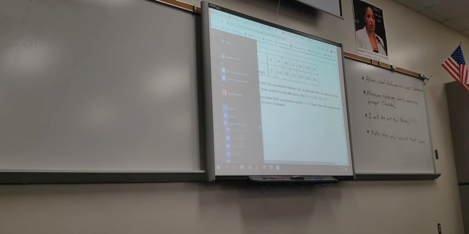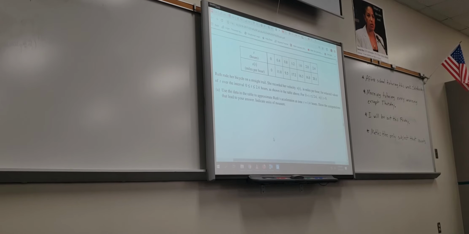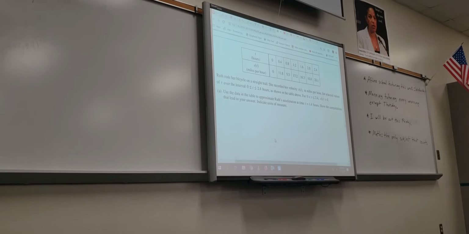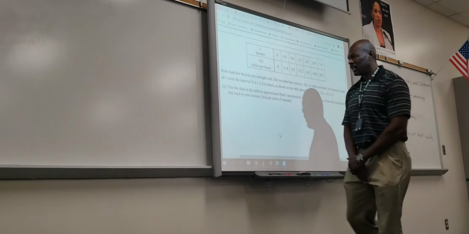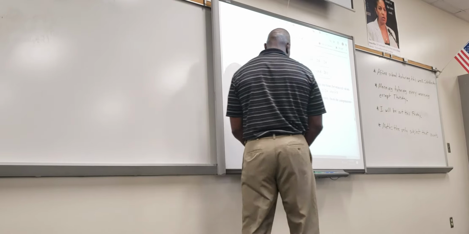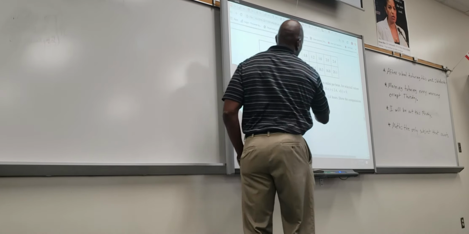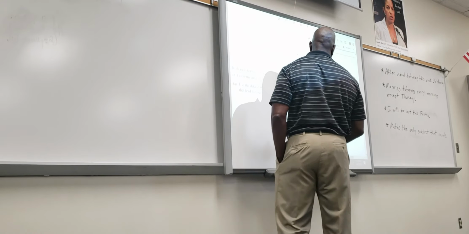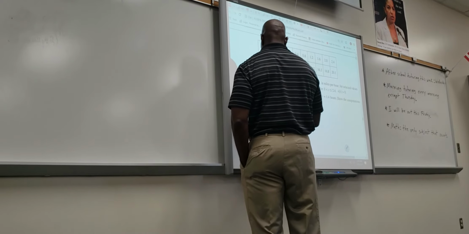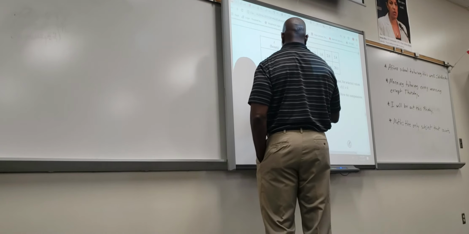But I'm going to tell you right now, acceleration is the derivative of velocity. Velocity is the derivative of position. Acceleration is the derivative of velocity. So to find the acceleration at t equals 1.4, I need to find r prime of 1.4.